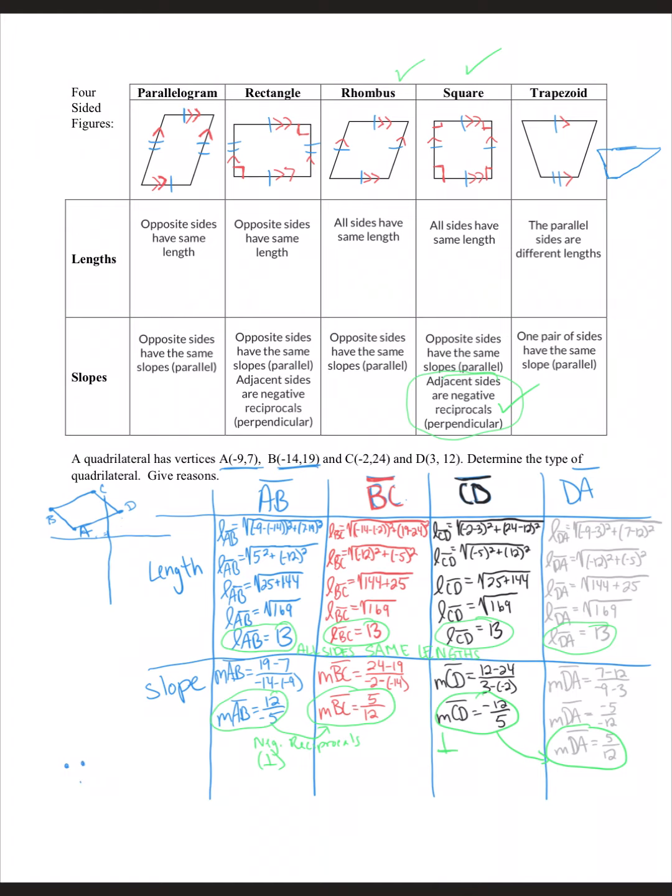So we can say, since the lengths are all the same, so they're all 13, and opposite sides have the same slopes.